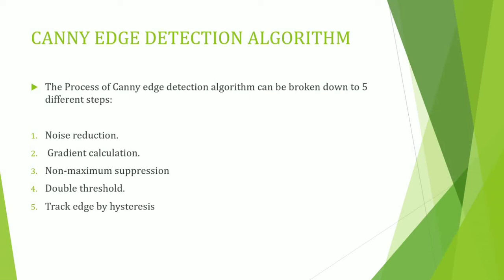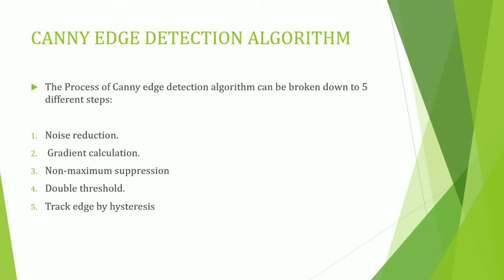The last step is the track edge by hysteresis. This finalizes the detection of edges by suppressing all the other edges that are weak and not connected to strong edges. Based on the threshold results, the hysteresis consists of transforming weak pixels into strong ones, if and only if at least one of the pixels around the one being processed is a strong one.